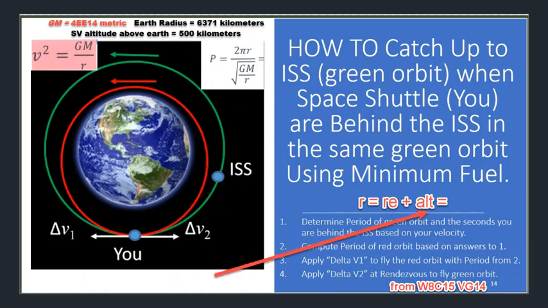So 6371 plus 500 is going to give us 6871 kilometers. That's going to be our radius.